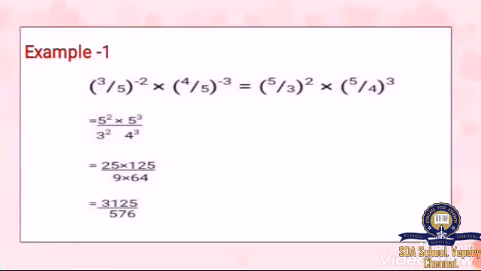So we get 25 into 125 divided by 9 into 64. When we multiply these numbers, we get 3125 divided by 576.